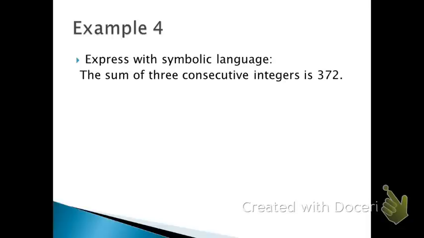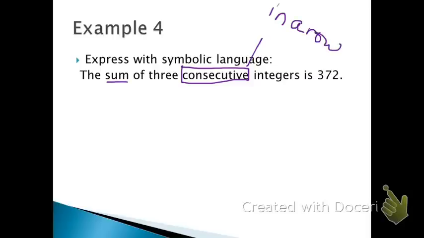Okay, this next example is going to show you how to do something very specific. Again, we're going to express this statement with symbolic language. The sum, it's addition, right, of 3 consecutive integers is 372. Okay, so we need to know what this word consecutive means. It will come up in your homework, and it just means basically in a row or in order.